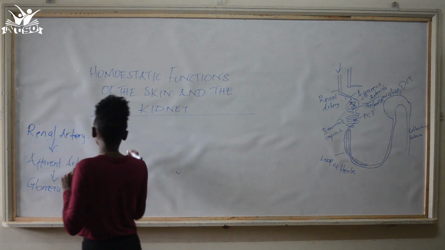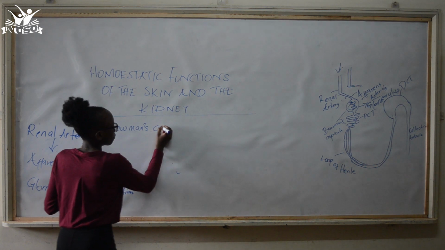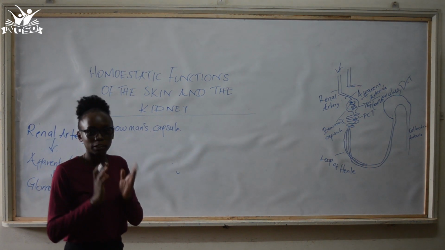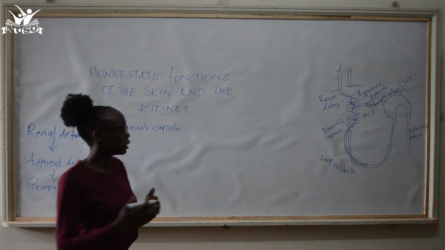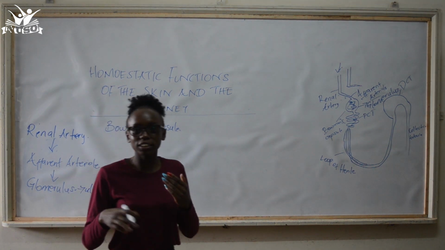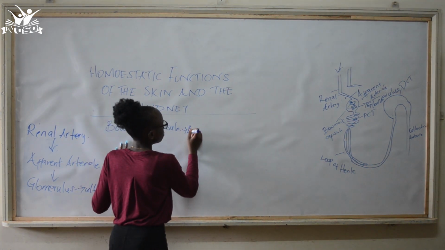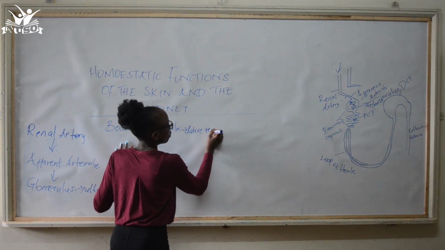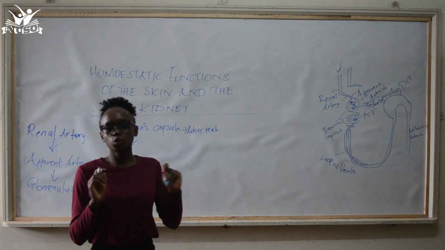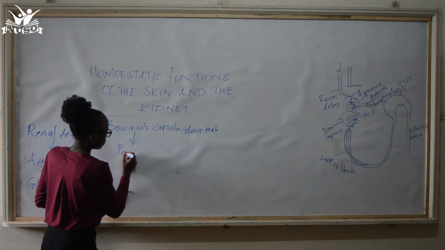In the Bowman's capsule, active reabsorption takes place of molecules such as glucose, amino acids, mineral salts, and some water. After that, the glomerular filtrate flows to the proximal convoluted tubule.